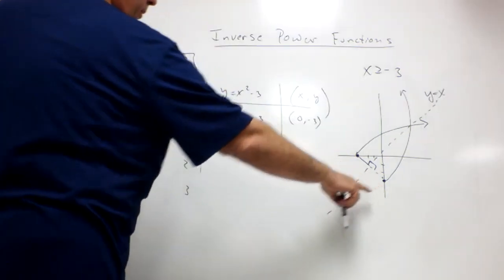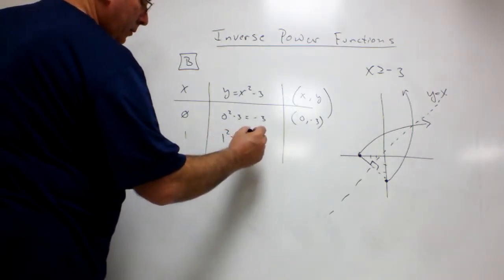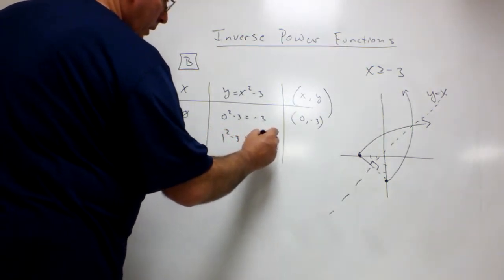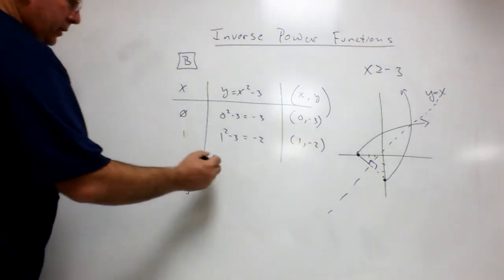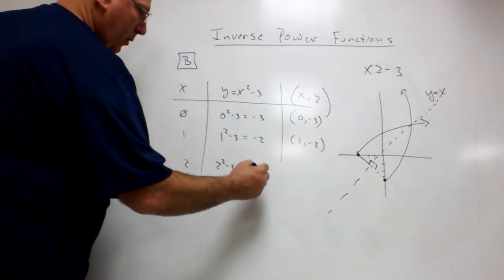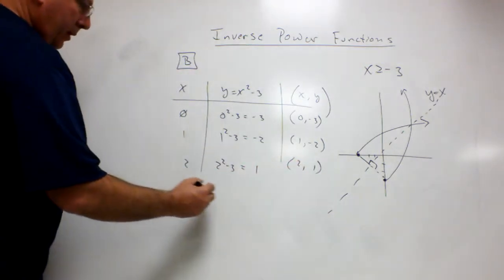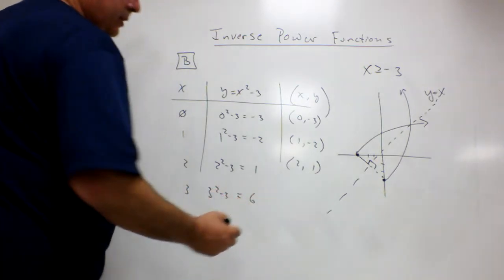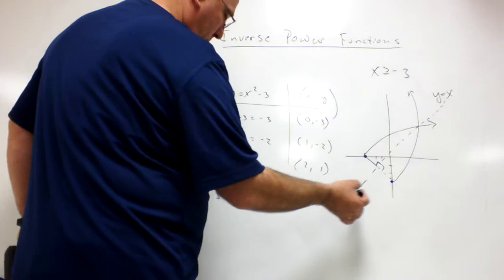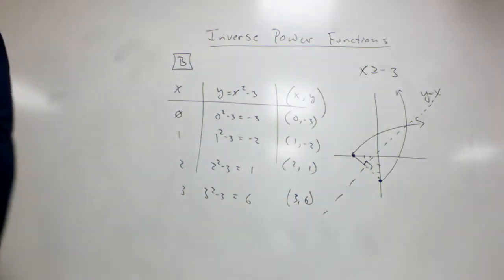That is our starting point. If we put in 1 squared minus 3, we get negative 2. If we put in 2 squared minus 3, we get 1. And if we put in 3 squared minus 3, we get 9 minus 3 is 6. So this point here should be 3, 6.